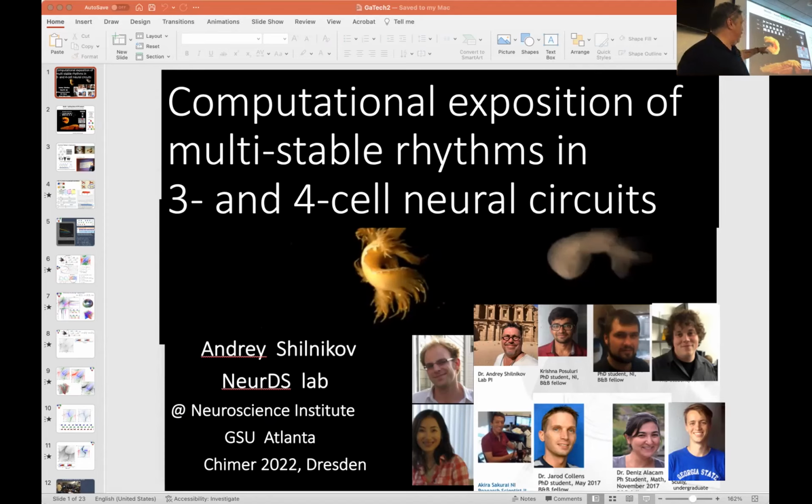What you see here, this animal is called a sea slug, and it has a neural circuit that we call a central pattern generator. That neural circuit generates the pattern you see on the black square, a kind of bursting activity. Whenever this animal swims, the central pattern generator generates the outcome.